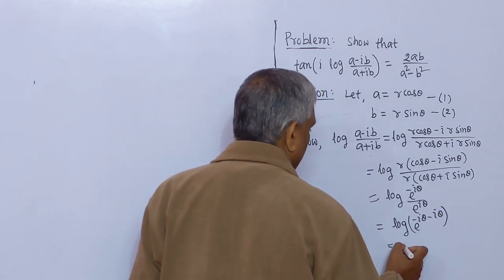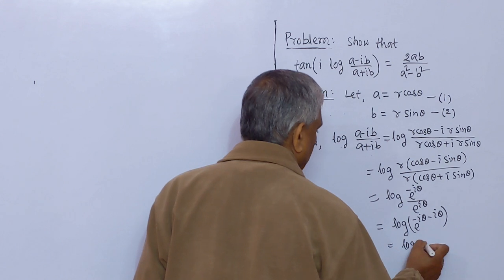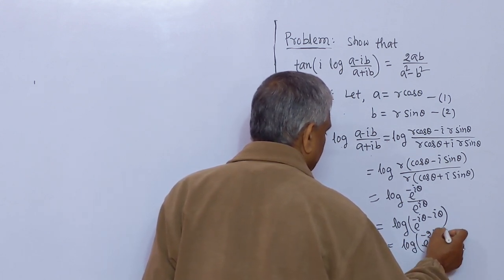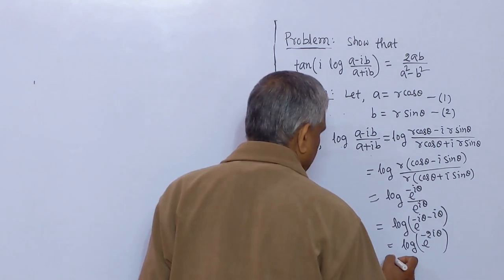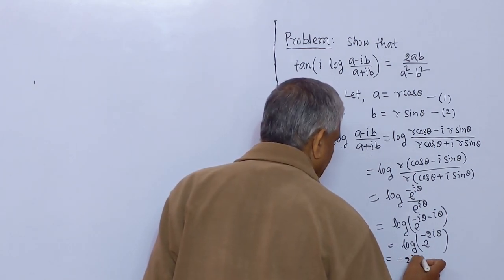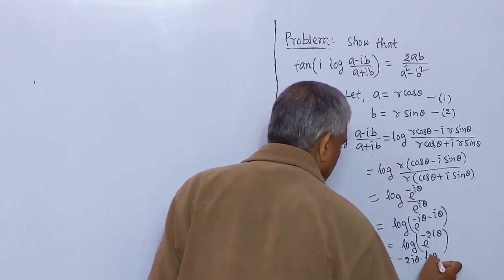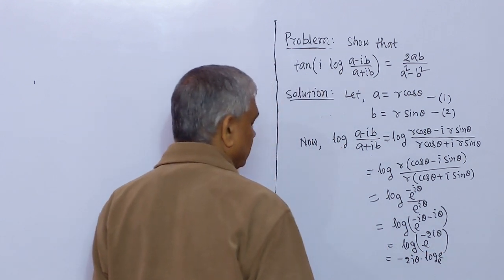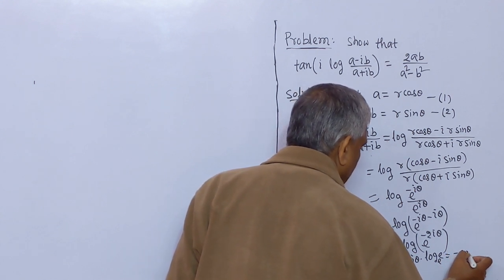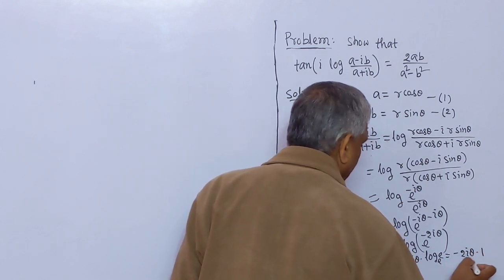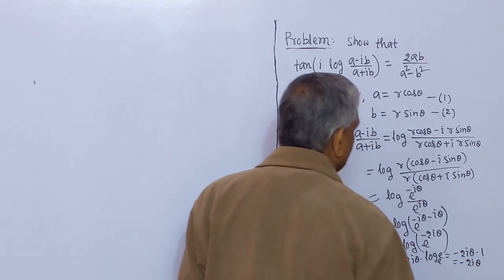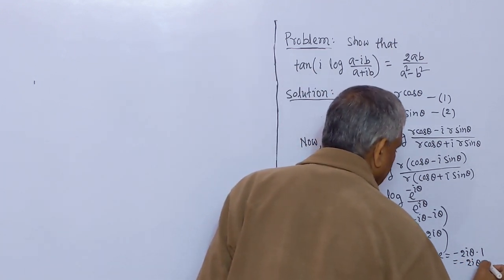This is equal to −2iθ log base e, principal value, which is −2iθ multiplied by 1. This is equal to −2iθ. This is number 3.